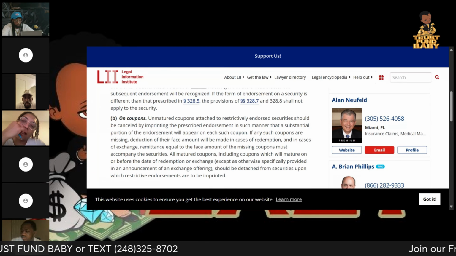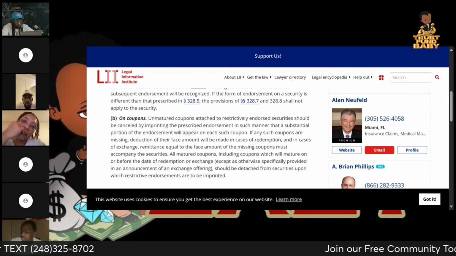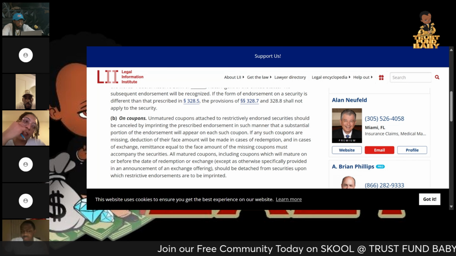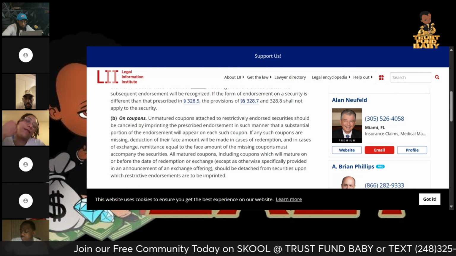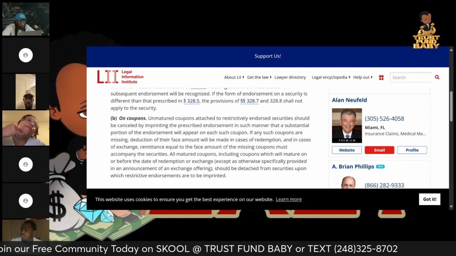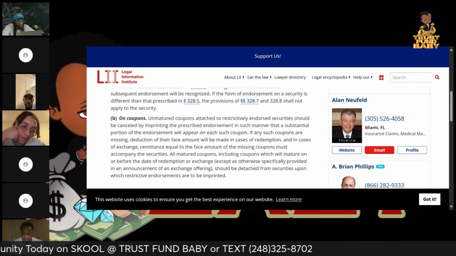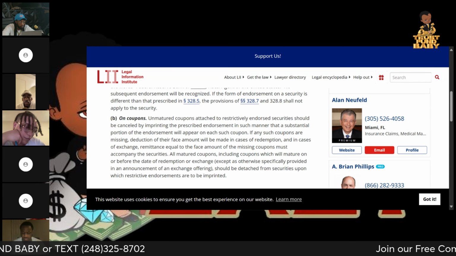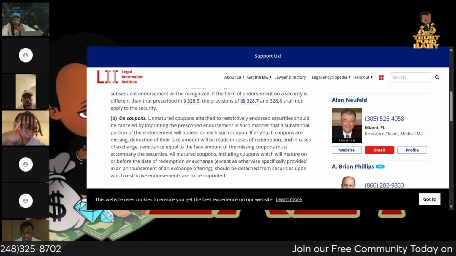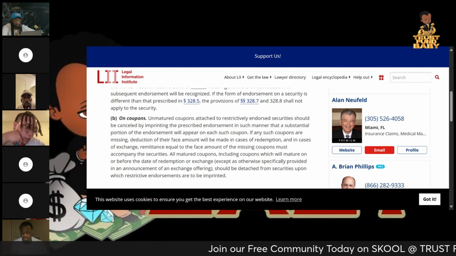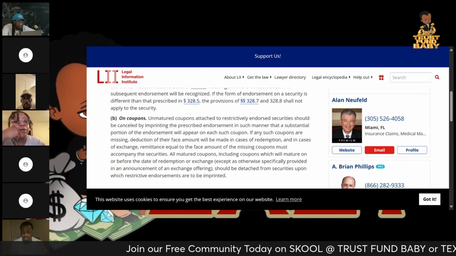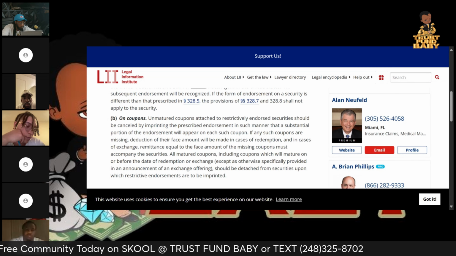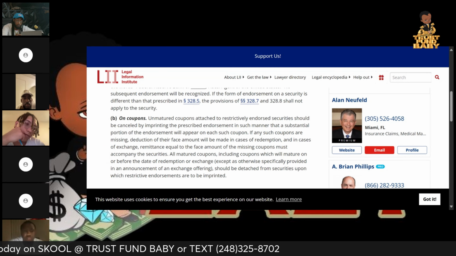Now, right here we talk about coupons. Unmatured coupons attached to restrictively endorsed securities should be canceled by imprinting the prescribed endorsement in such a manner that a substantial portion of the endorsement will appear on each such coupon. If any such coupons are missing, deduction of their face value amount will be made in case of redemption. And in case of exchange, remittance equal to the face amount of the missing coupon must be accompanied by the securities.